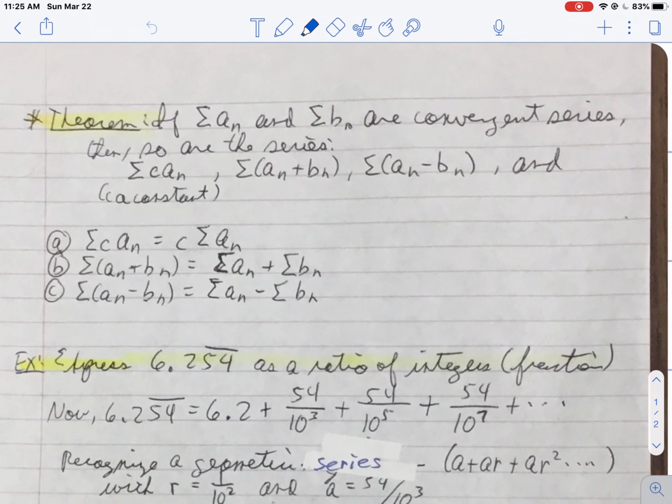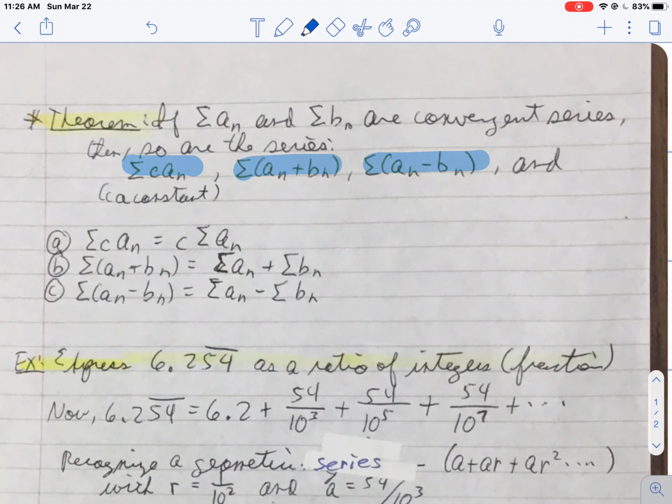Here's another theorem. Now, this one's pretty straightforward. Nothing fancy here. If we have two series, the sum of a sub n and the sum of b sub n, that are both convergent series, then the following series are also convergent: the sum of a constant times a series, the sum of the sum of series, and the sum of the difference of series. Those would all be convergent.